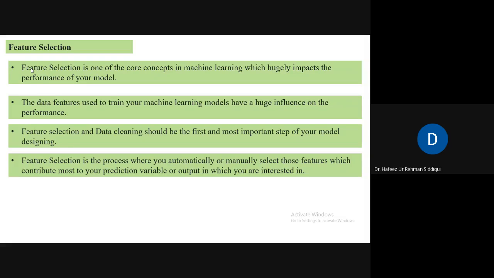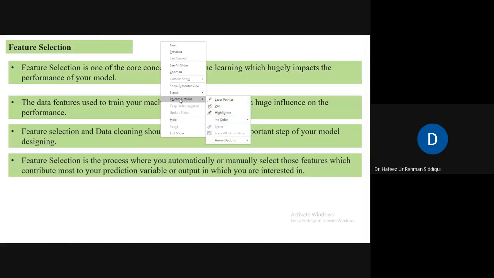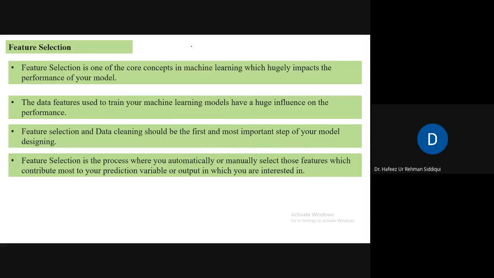So you might have a lot of features, for example 50 features. You have a data set and you have 50 features. If our data set is in a table format, in the table you can see there are rows and columns.